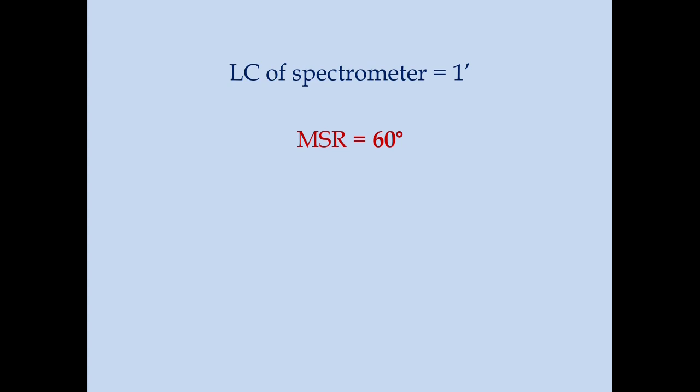If the main scale reading is 60 degrees and the Vernier coincidence is 14 divisions, then the Vernier scale reading is the Vernier coincidence into the least count. Here the Vernier coincidence is 14 divisions multiplied by 1 minute, the least count, so it is 14 minutes. The Vernier scale reading is 14 minutes.